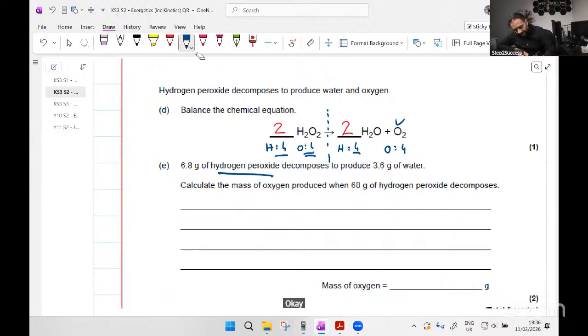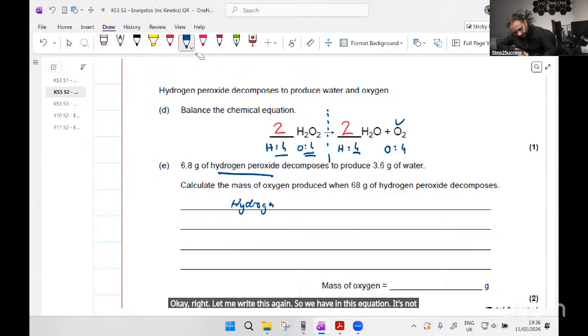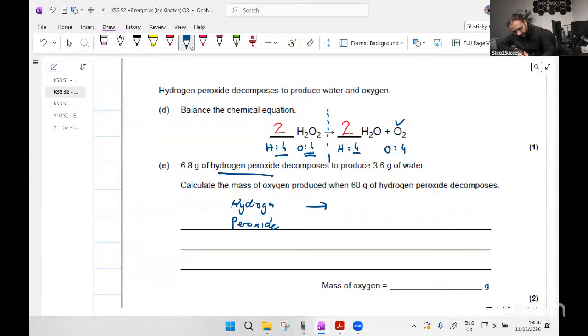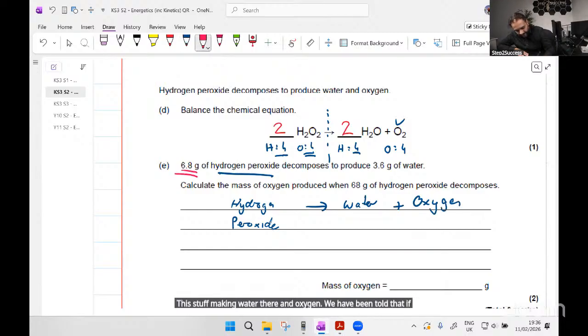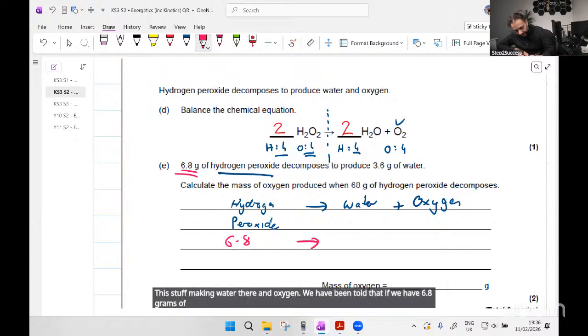Okay, right. Let me write this again. So we have in this equation, it's not 36. This stuff making water there and oxygen. We have been told that if we have 6.8 grams of this, we make 3.6 grams of water.